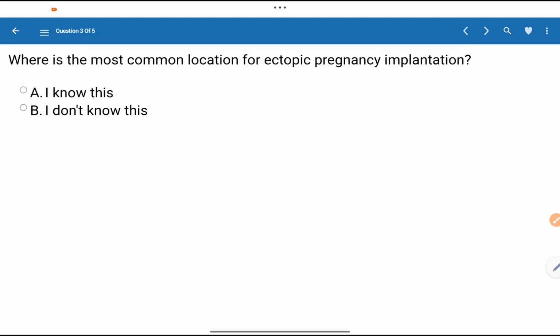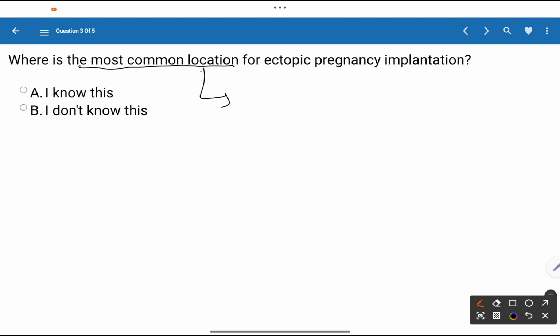Now coming to the next flashcard. Where is the most common location for ectopic pregnancy implantation? Ectopic pregnancy happens outside the uterine endometrium, so it can happen anywhere, like in the ovary, in the fallopian tubes, in the interstitium of the uterus, even in the cervix. But it is asking the most common location.